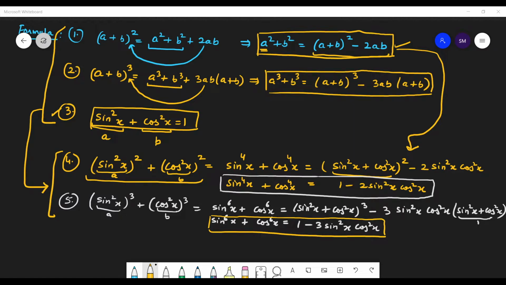So students, what is secant? 1 upon cos, so 1 upon cos 20. Your screen is not visible.